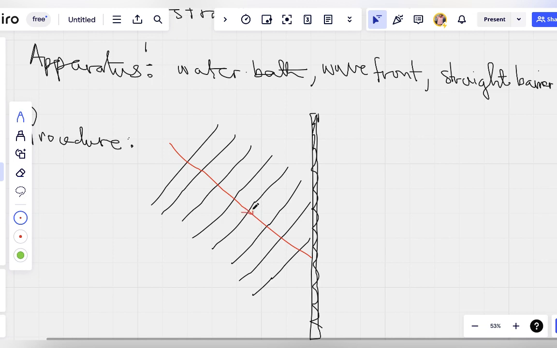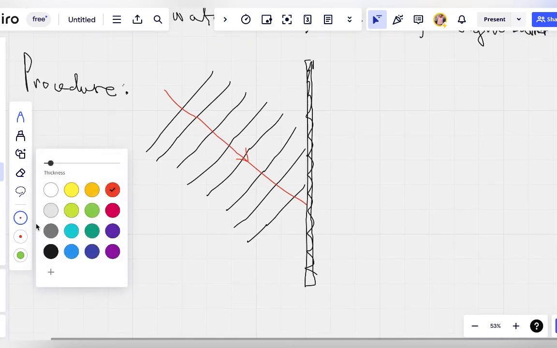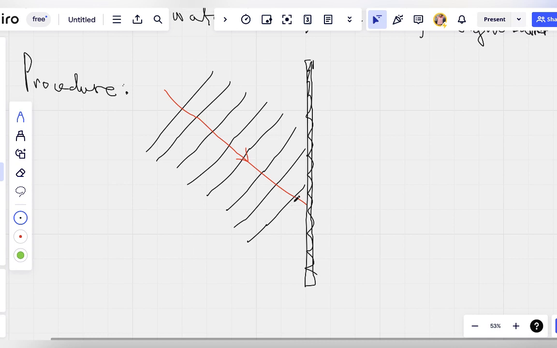When it's incident to the barrier, the wave will be reflected like this.